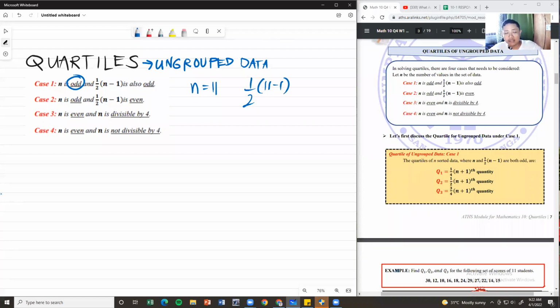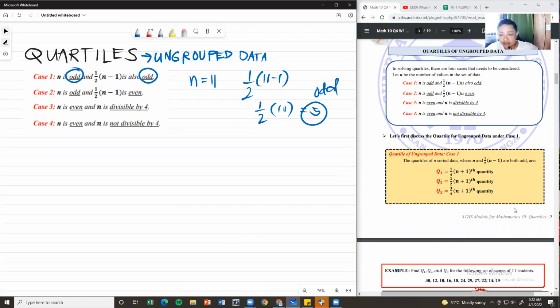So 11 minus 1 is 10, and 10 divided by 2 is equal to 5. And this is also odd. So therefore, it belongs to case 1. And the process that we did a while ago was the process to identify our quartiles.